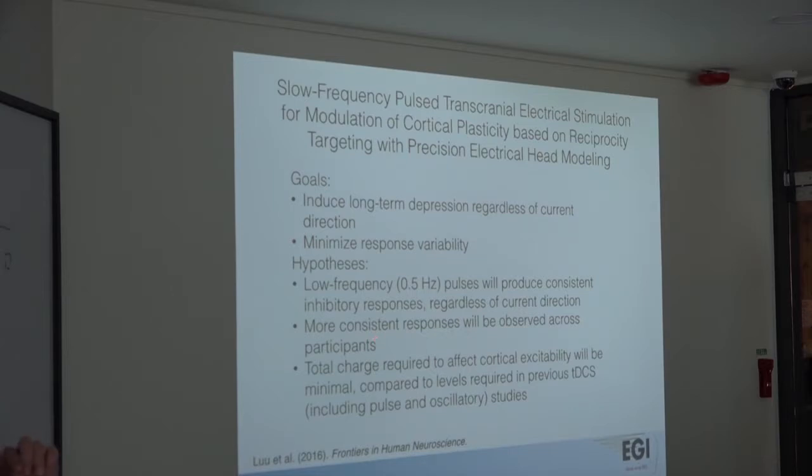And because we're using very brief pulses, the total charge required to change cortical excitability will be very little compared to previous TDCS studies, because in TDCS you turn it on and you keep it on for a long period of time. So that's a lot of current. We're saying we don't need all that current. Okay?